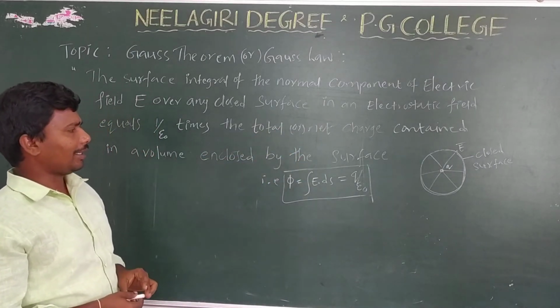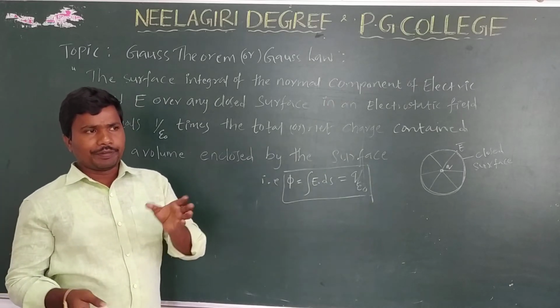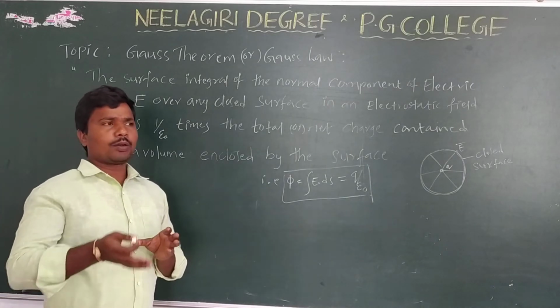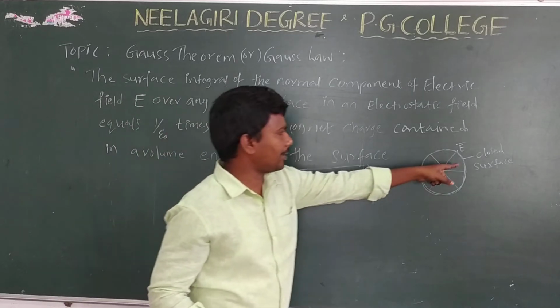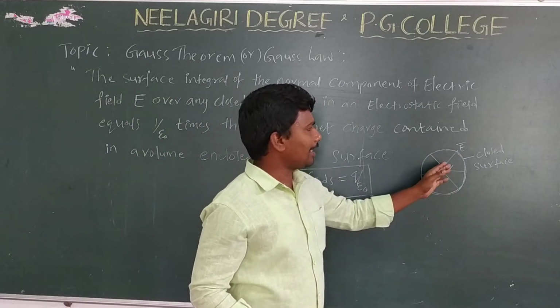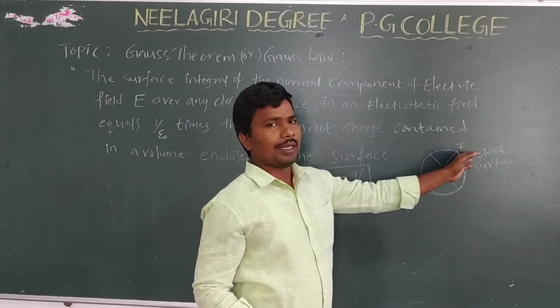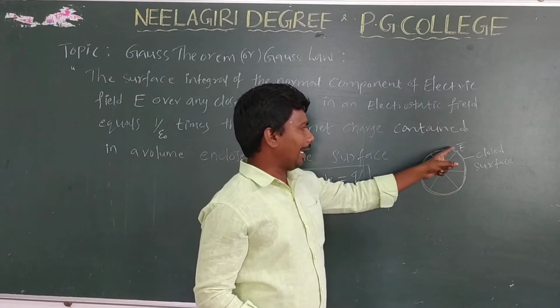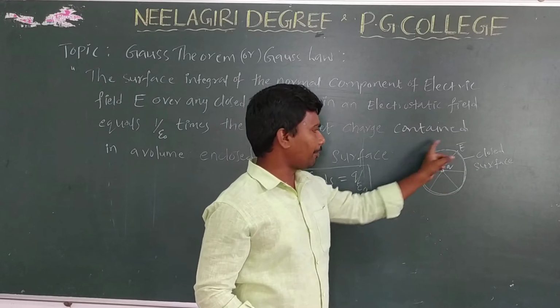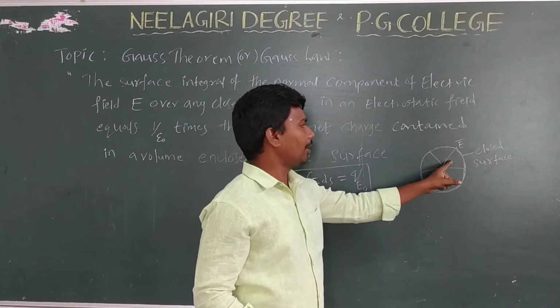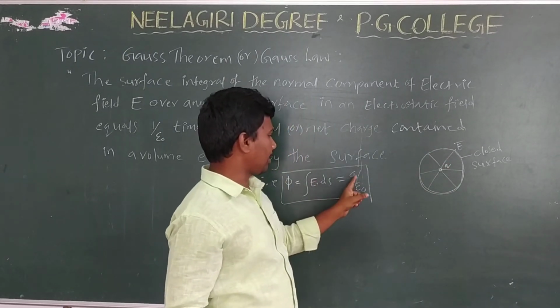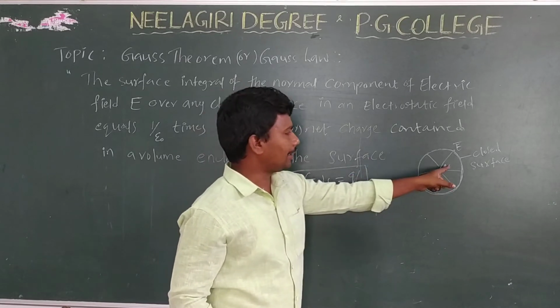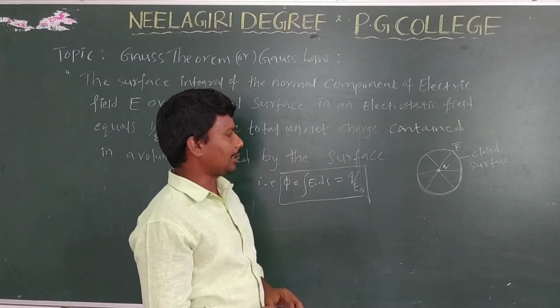Simply we say, if any charged particle is enclosed by the closed surface, the charge exhibits the electric field. The electric flux from the surface is equal to 1 by epsilon naught times the charge of the particle.